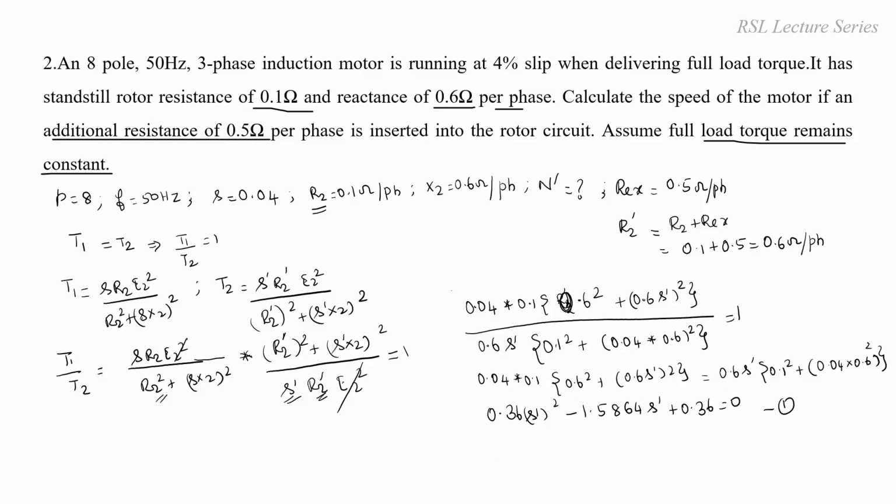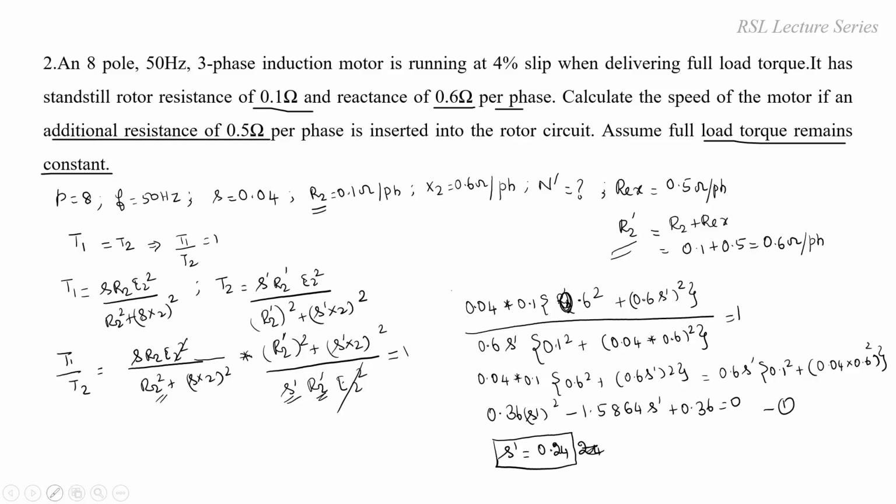On solving this equation, we get S dash as 0.24. This is the slip corresponding to the additional resistance, after adding the additional resistance.